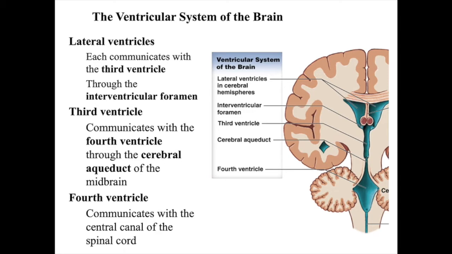In addition to knowing the names of the ventricles, you need to know the communication that the ventricles have with one another. So each lateral ventricle communicates with the third ventricle through something called the interventricular foramen.